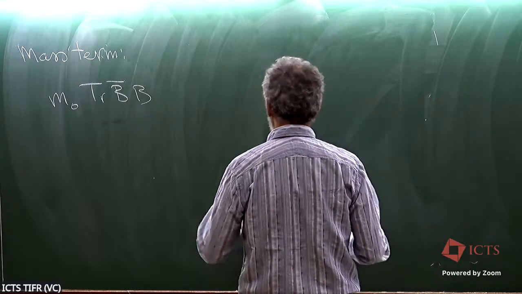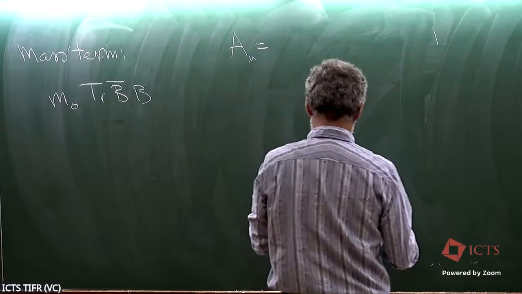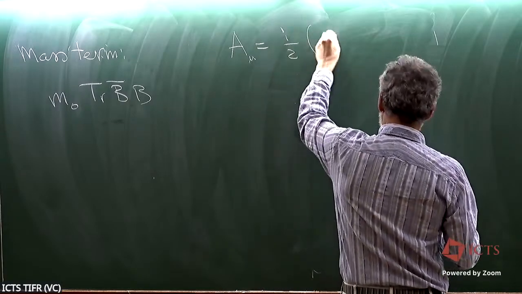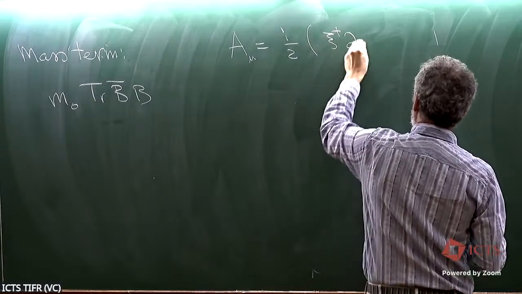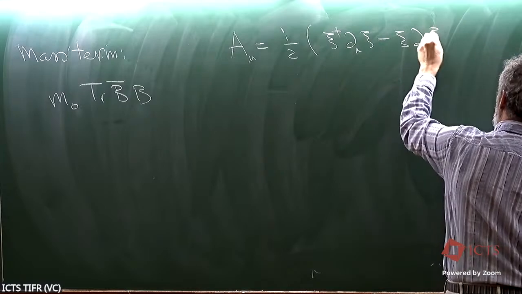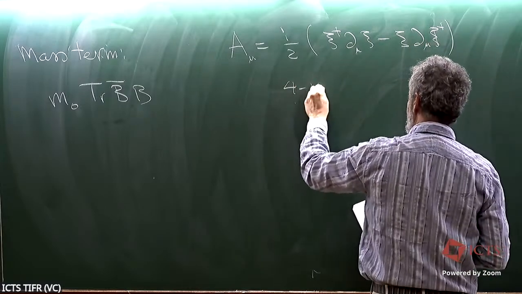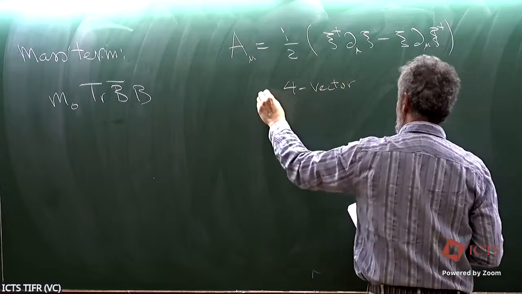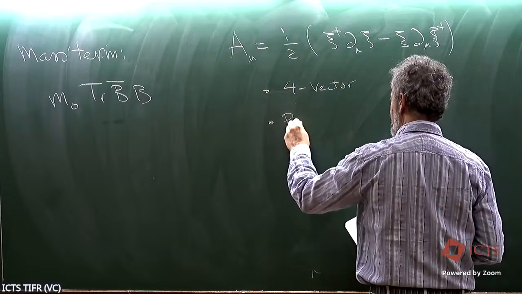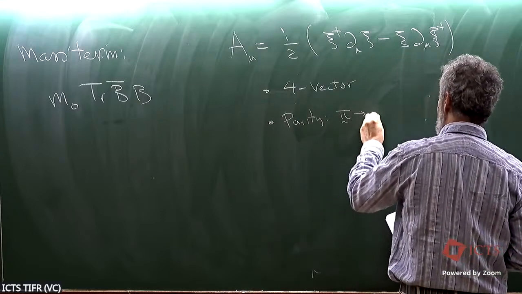And so we define A mu, this is not the photon field, to be i over 2 times C dagger d mu C minus C d mu C dagger. It's a 4-vector. And under parity, the pi fields go to minus the pi fields.